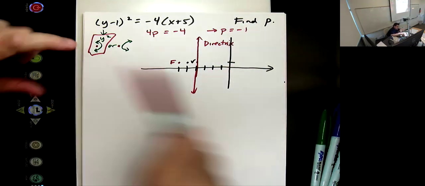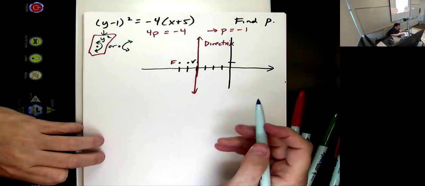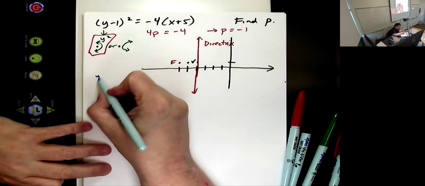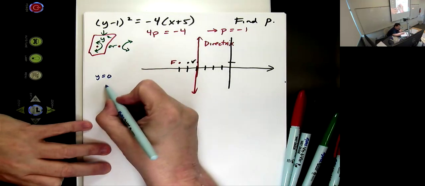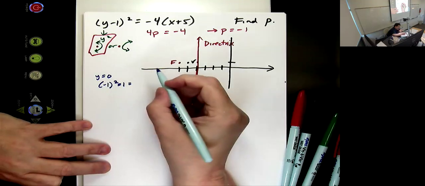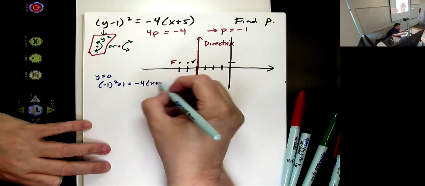Now, sketching the parabola, I'm going to find the x-intercept. So when y equals 0, I have (-1) squared, which equals 1, equals -4 times (x plus 5).